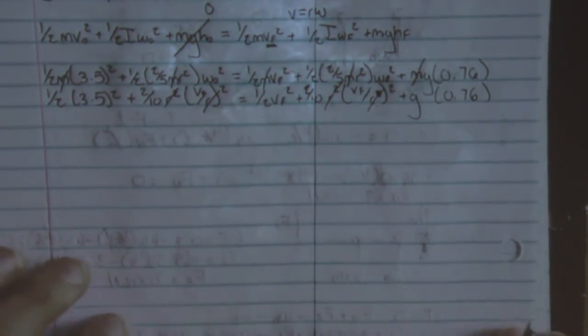That is really far up. So this will give us 1/2 3.5 squared plus, instead of 2/10, we'll reduce that to 1/5 3.5 squared, and that will equal 1/2 v final squared plus 1/5 v final squared plus g 0.76.